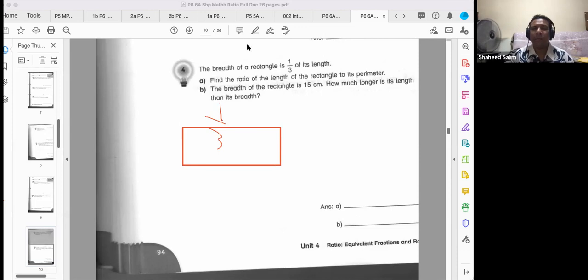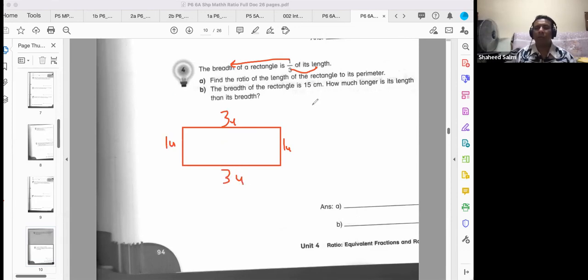Now we take 1 to be the breadth and 3 to be the length. So down here 1 unit, 3 units.